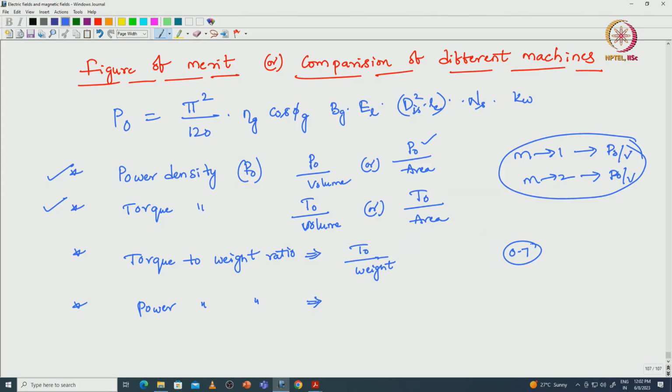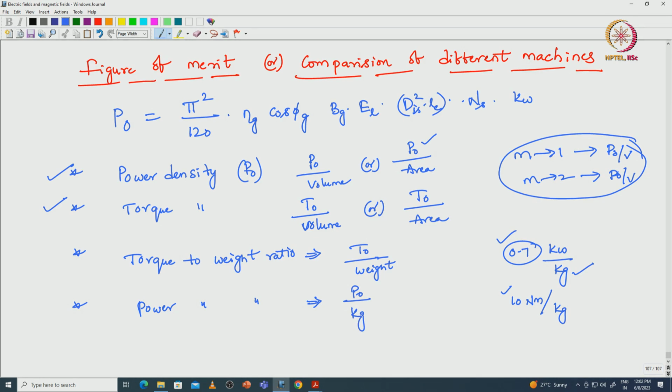So, 0.7 kilowatt per kg is the power to weight ratio. Similarly, if it is capable of generating 10 Newton meter, then 10 Newton meter per kg. For 1 kg of weight we can generate 10 Newton meter, and for 1 kg of weight we can get an output power of 0.7 kilowatt. Like that we can get the figures of merit.